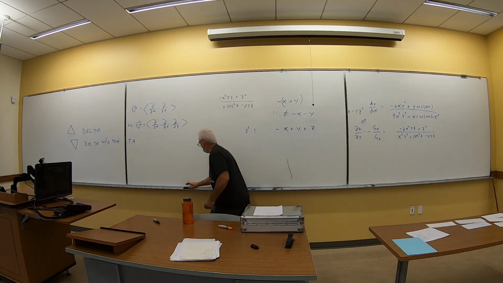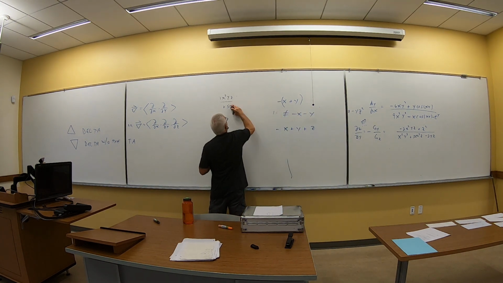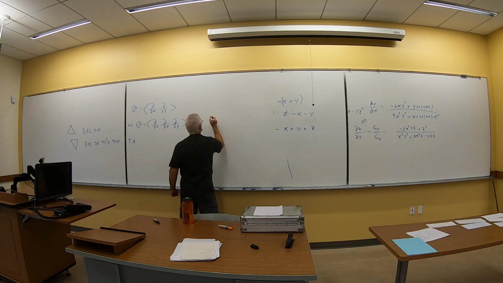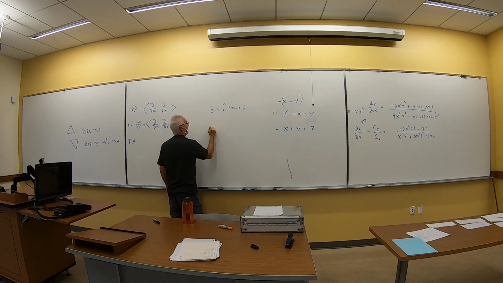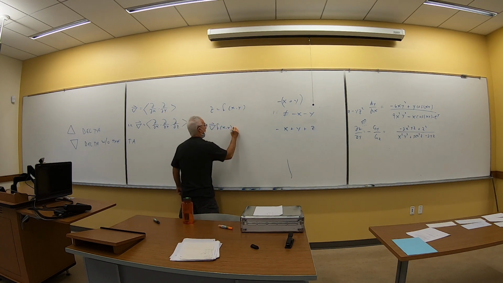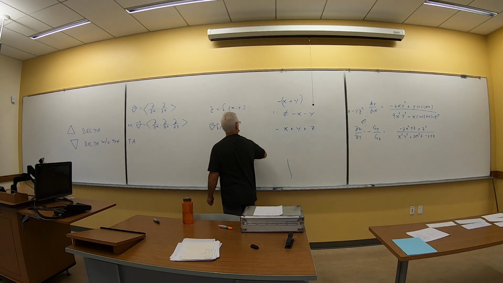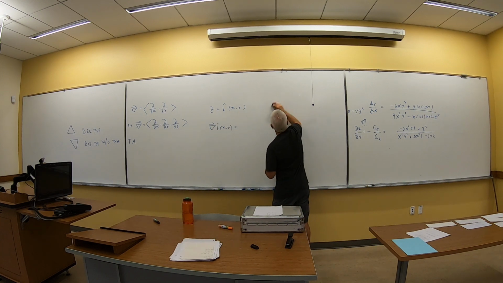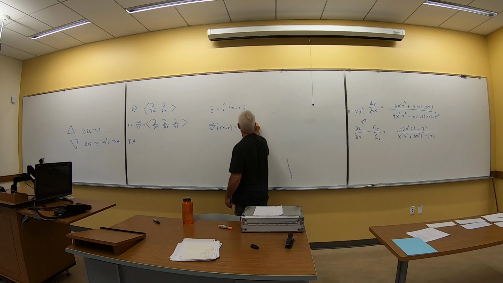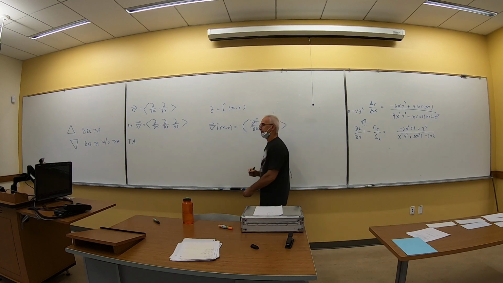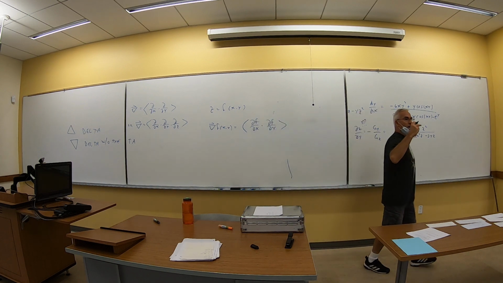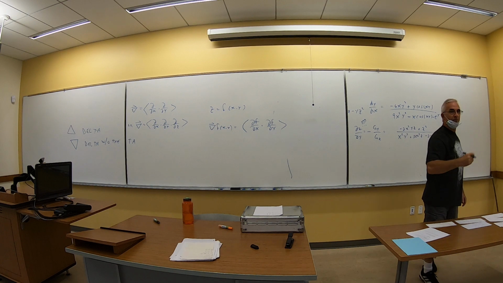So if I have a function, to keep it simple, I have some z equals f of x, y. Then the del operator acting on f of x, y becomes that. That's how it works. The del operator is applied to the function.